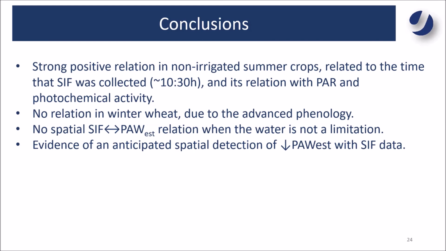Then we found no spatial relation between SIF and the water in the soil when the water is not a limitation. We saw it in two cases: either if it is an irrigated crop or if we had enough or significant precipitation the days before the airborne data acquisition.